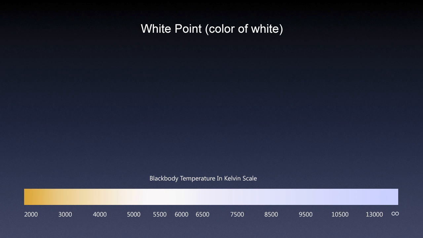Let's start with the white point, which represents essentially the color of your white or the brightest point. This is measured in kelvins, which is the unit for temperature. The idea comes from the theory about a black body, which is a perfect black body that if you heat it up to a certain temperature, it will glow in a different color.